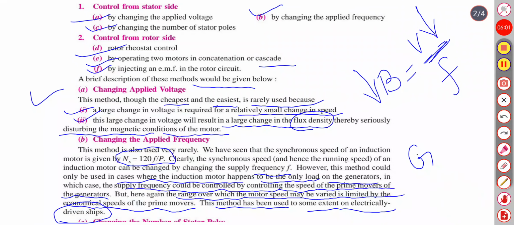Generators which generate the electricity were run at the desired frequency to control the connected AC induction motors. After the development of the VFD, it has been discontinued because it is also a costly method.